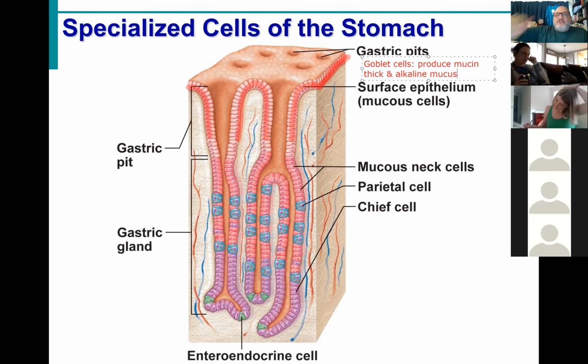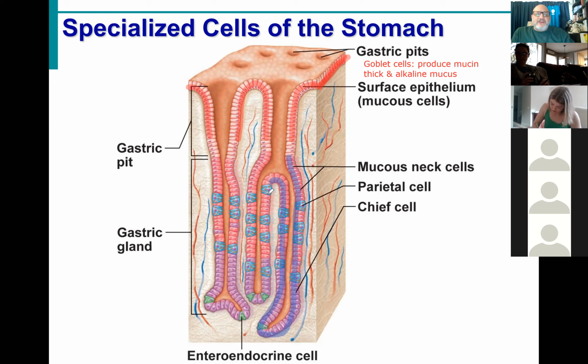And so we have this normal, simple columnar epithelial tissue with those goblet cells producing that thick, sticky, alkaline mucus. However, deep inside those pits, we have our gastric glands. These gastric glands contain some highly specialized cells that, again, are responsible for producing our gastric juice.